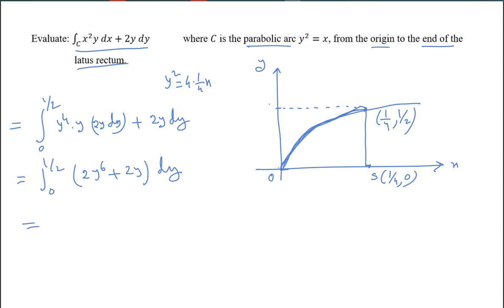So what will be the value? 2 by 7 y to the power 7 plus y square, from 0 to 1 by 2. Okay, so put these values. It is a complicated calculation. 1 by 2 to the power 7 plus 1 by 4. If you calculate, whatever value you get is the integration value.